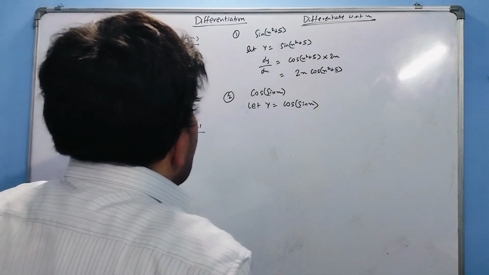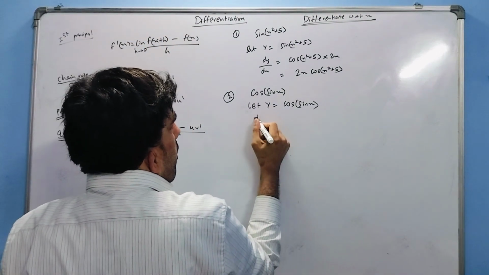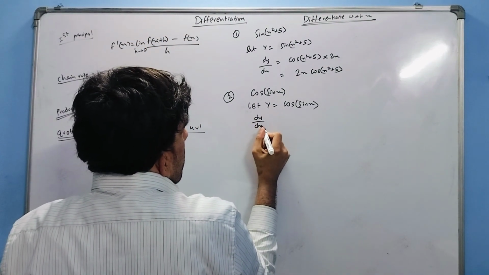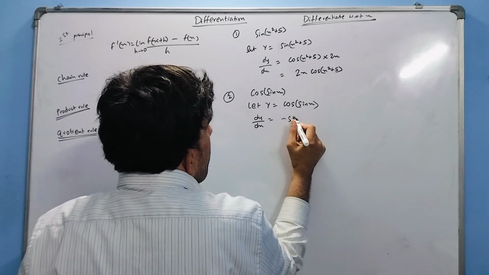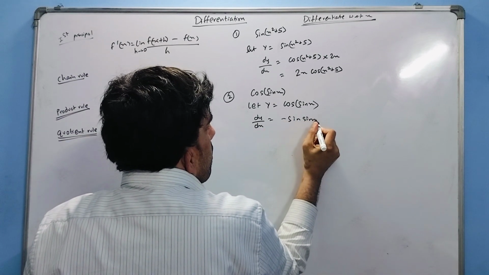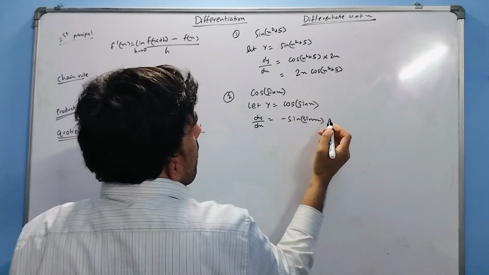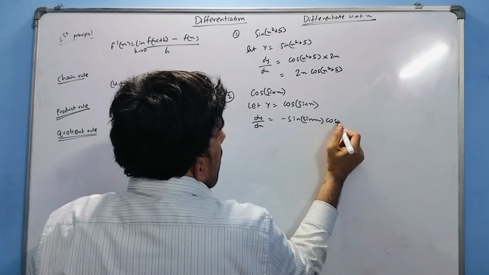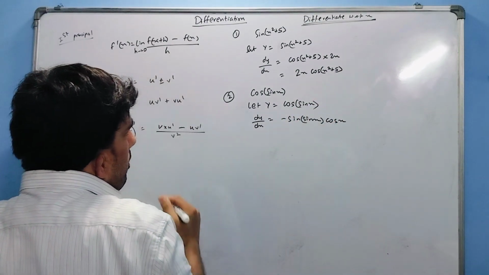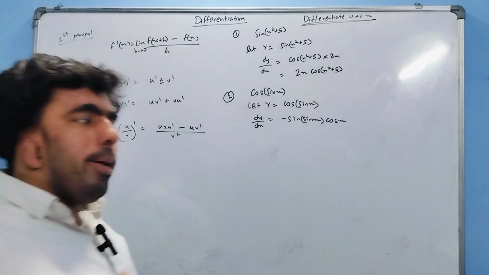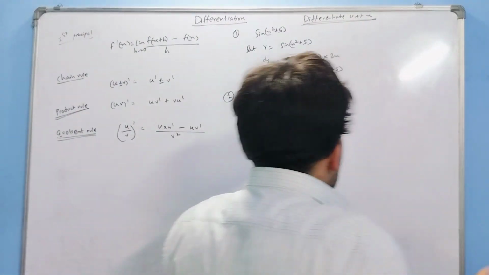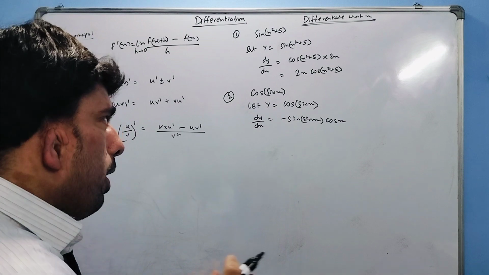Now we'll try to differentiate this. So I got dy upon dx is equal to minus sin of sin x, and the differentiation of sin x will be cos x. That is how we easily differentiate the function with respect to x.